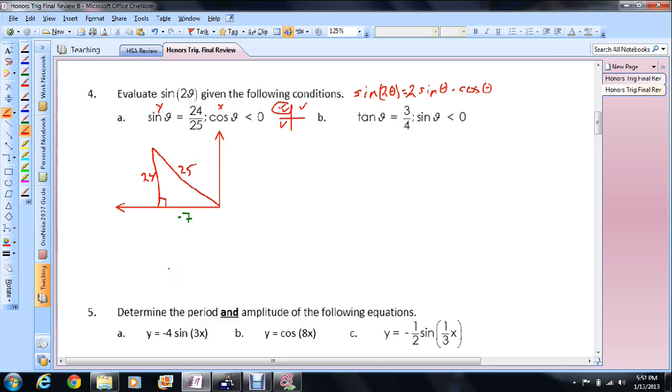So I'm going to write: sine of 2 theta is equal to 2 sine of theta. The sine of theta is just 24 over 25, we're given that above. And the cosine of theta, we need the adjacent side, which we already found was negative 7, divided by the hypotenuse, 25.